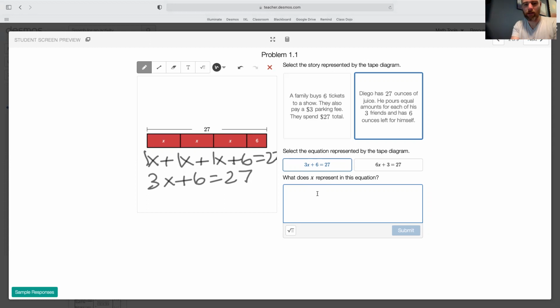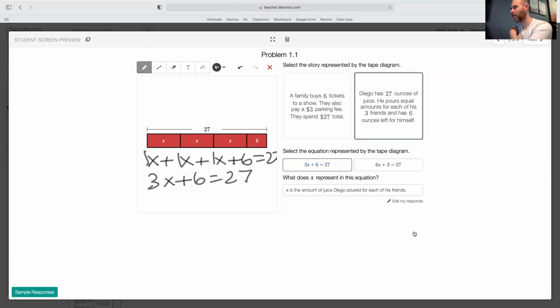And in this case, x is the amount of juice Diego poured for each of his friends. All right, so let's submit that. And I think we got it.